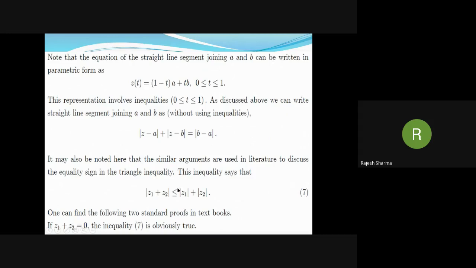The triangle inequality says that mod z1 plus z2 is less than or equal to mod z1 plus mod z2. One can find the following two proofs of this inequality in textbooks. If z1 plus z2 is equal to 0, then clearly the left hand side is 0, so inequality 7 is obviously true.